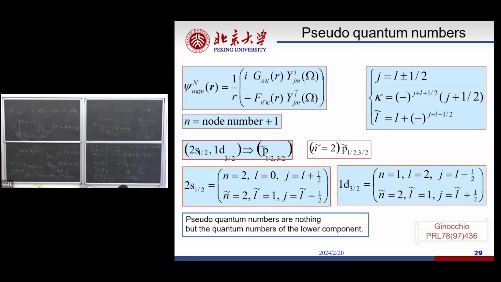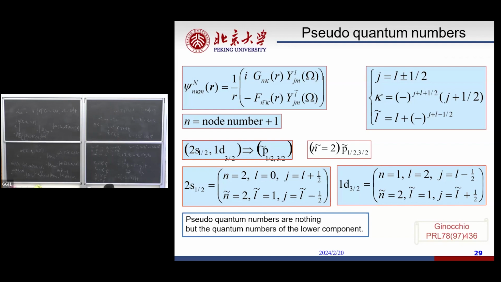The total angular momentum is always j = l plus or minus 1/2, and kappa represents the combination of l and j. It could have different signs, so this is a good way to remember l and j. And l tilde is related to the orbital angular momentum in such a way, right?